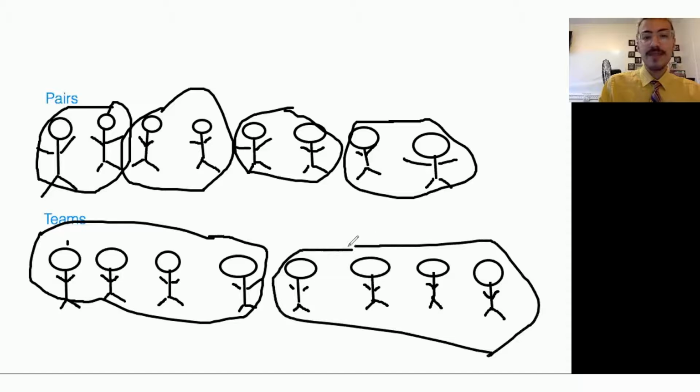You will always have 2 different groups. You will never have a group C, D, E, F because this is teams. These are 2 groups. So when I split 8 into 2 groups, I have 2 groups of 4. Mind my handwriting.